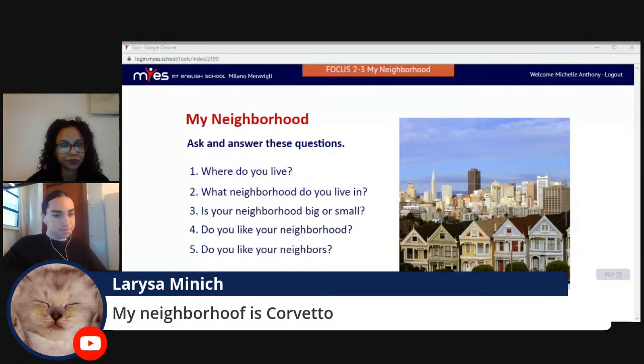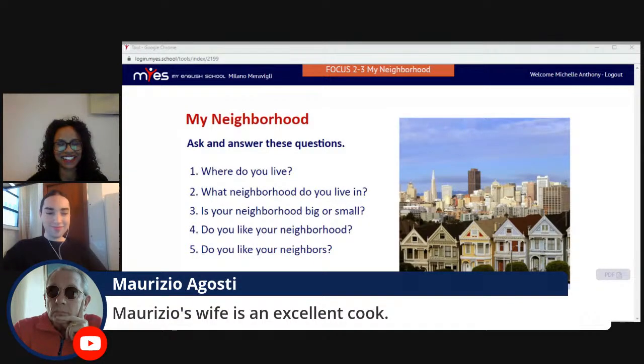Wow. And her neighborhood is Corvetto. I lived in Corvetto my first year in Milan. That's where I lived. It's quite close by to Porta Romana as well. Okay. Maurizio says his wife is an excellent cook.